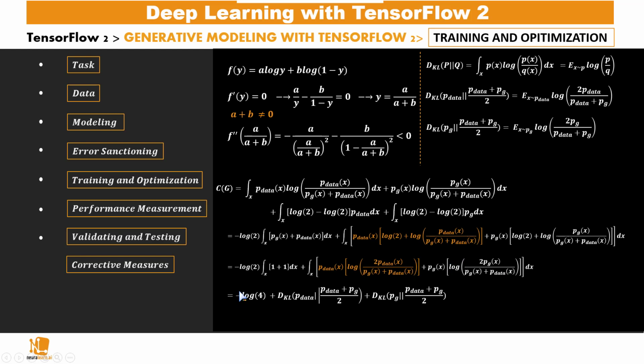And with that, we could say this equals negative log 4, because we have negative 2 log 2, which is the same as negative log 4, plus the KL divergence of p data with (p data plus pg) divided by 2, plus the KL divergence of pg with (p data plus pg) divided by 2.